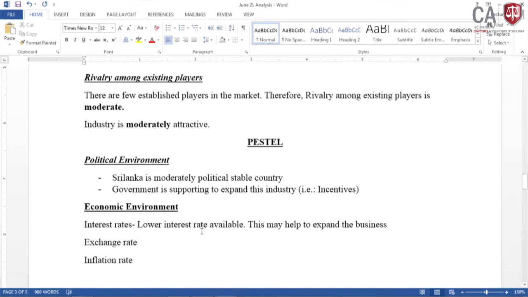Then exchange rate, what do you think? Is the rupee appreciated? The rupee value is depreciated against major foreign currencies.